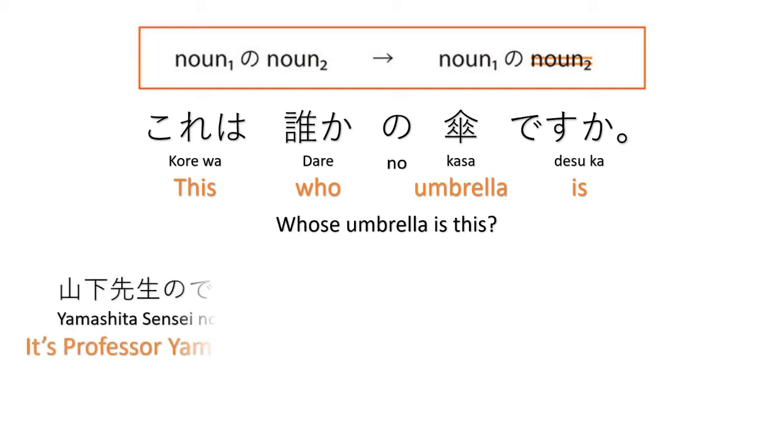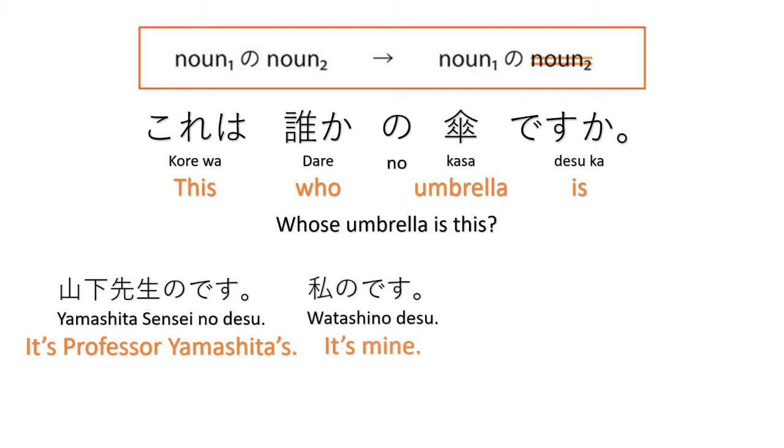So here we can say Yamashita sensei no desu. So instead of adding kasa, sensei no kasa, we remove kasa altogether and say Yamashita sensei no desu. It's Professor Yamashita's. Okay?